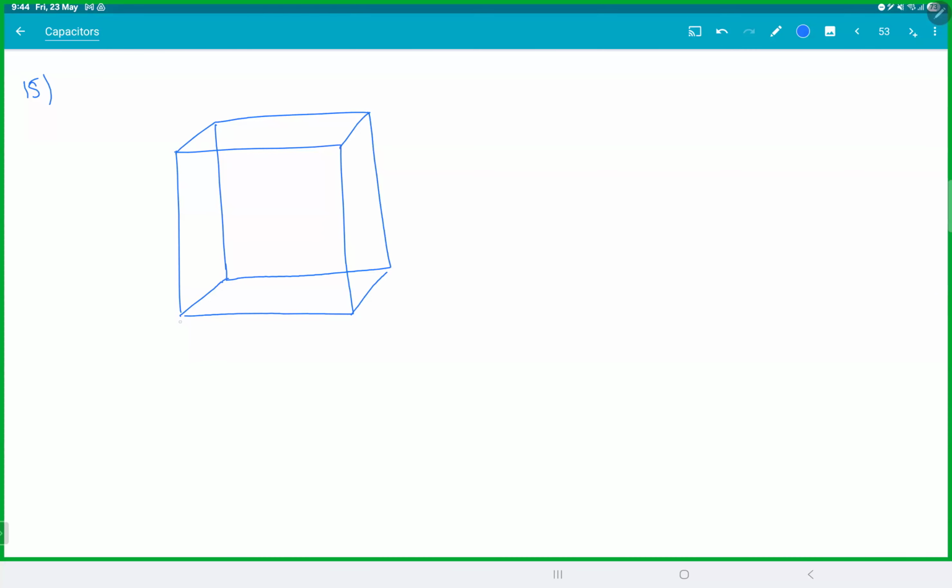So we got a cube here. A, B, C, D, E, F, G, and H. Each segment is a capacitor.